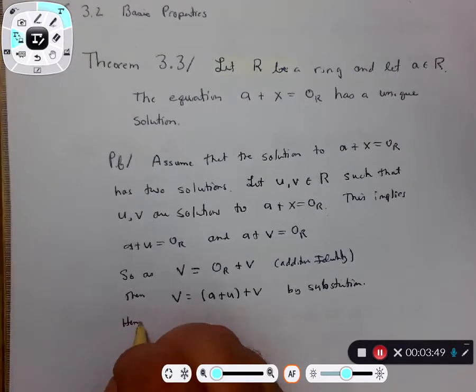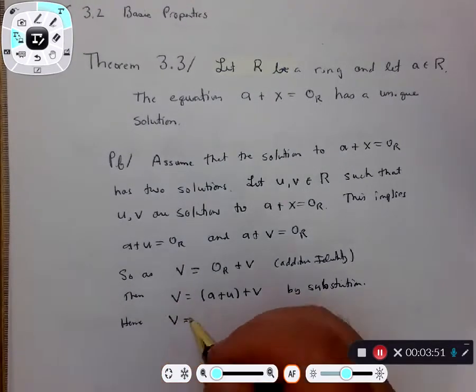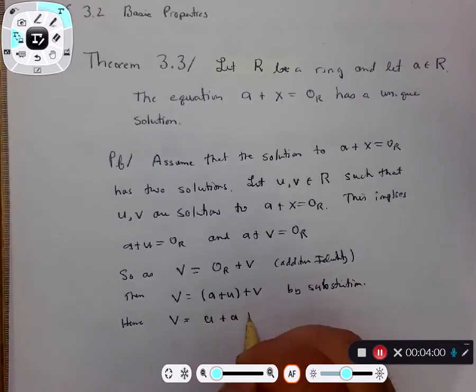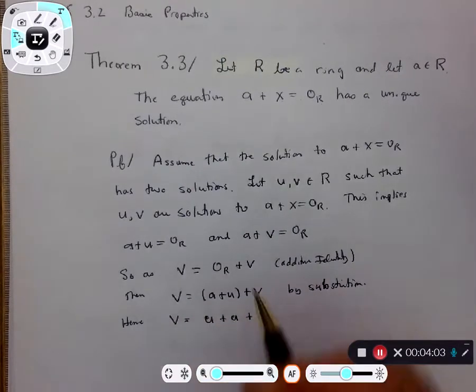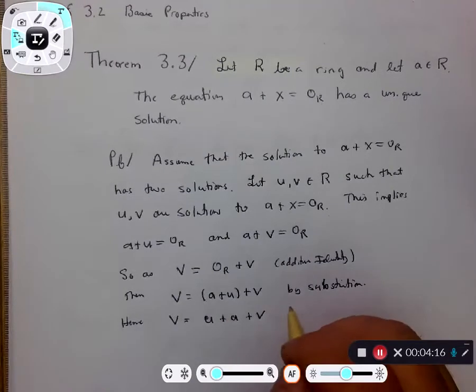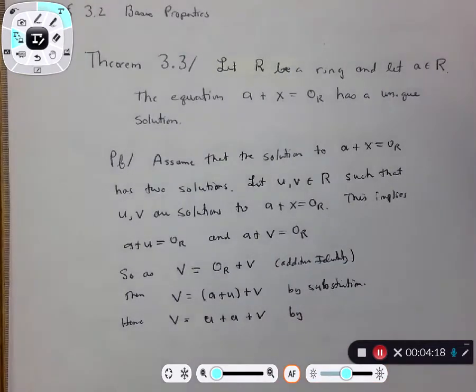Hence, V is equal to U plus A plus V. And what did I do there? I dropped the parentheses, and instead of writing it as A plus U, I wrote it as U plus A. So I actually did two operations here, and as we shorten this up a little bit, I wouldn't do more than two.